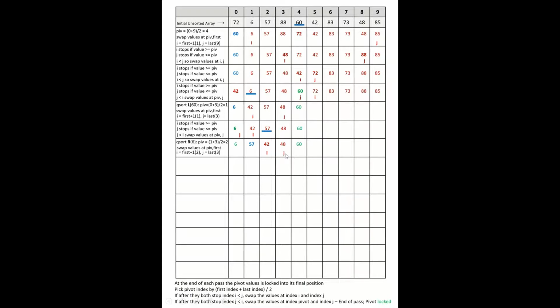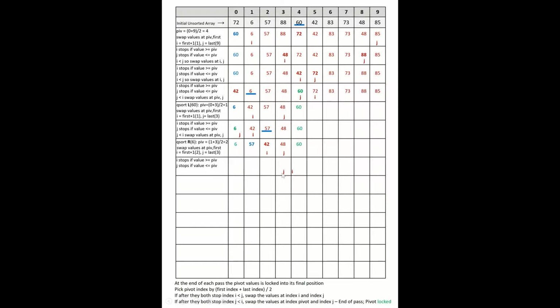J will stay put, and that looks like this. You notice that I've just put this I in here. It's not this value. It's just showing that it's gone past the boundary of the list, which ends at 48. But J stayed put because 48 is less than 57.